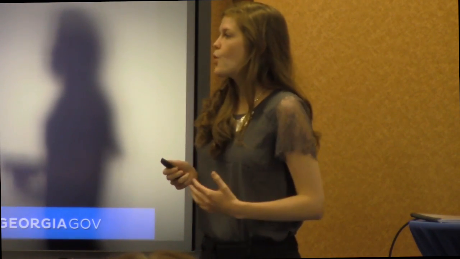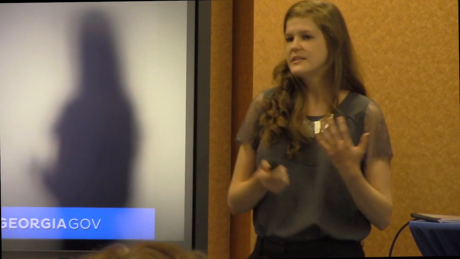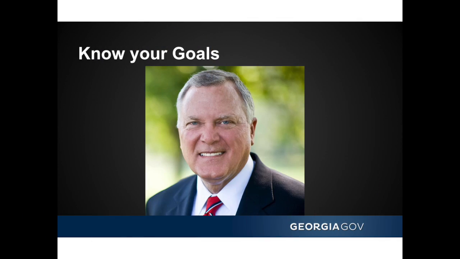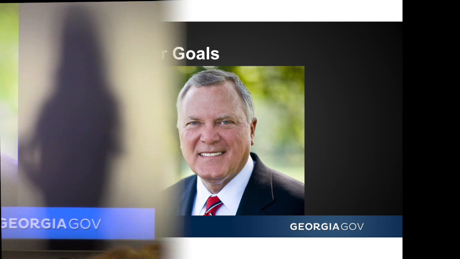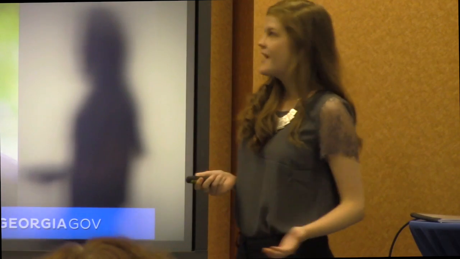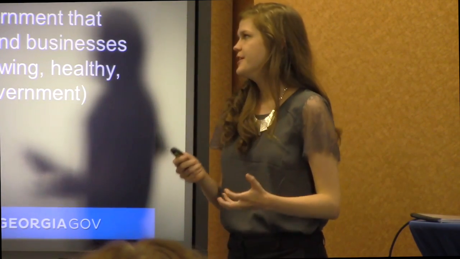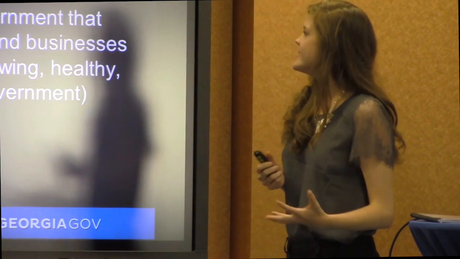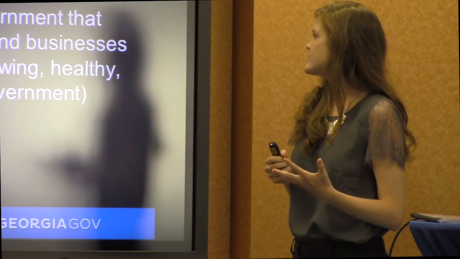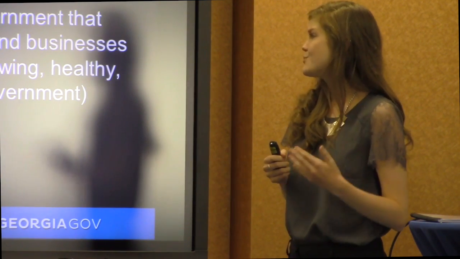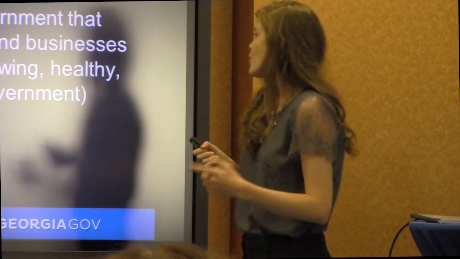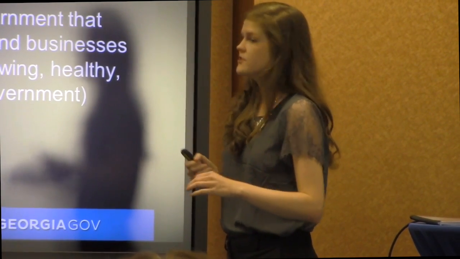So for us, it's kind of easy because someone has already established our goals for us. This guy right here. Governor Nathan Deal has established goals for the state of Georgia. So for every state agency, he has his governor's vision. And that is to have a lean and responsive state government that allows communities, individuals, and businesses to prosper, focusing on educated, mobile, growing, healthy, safe, responsible, and efficient government.